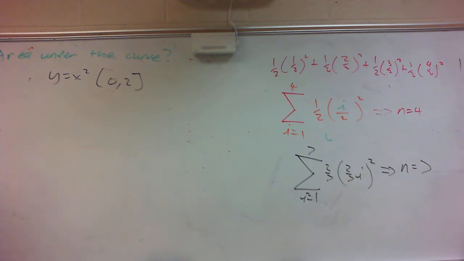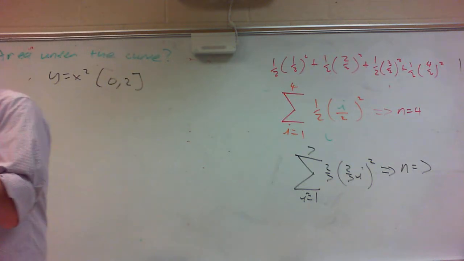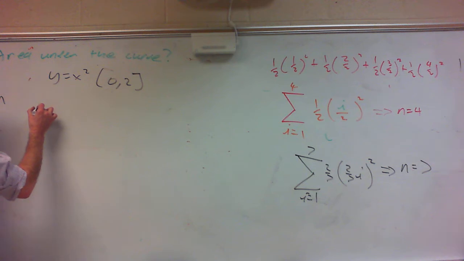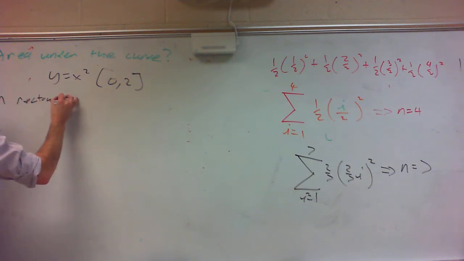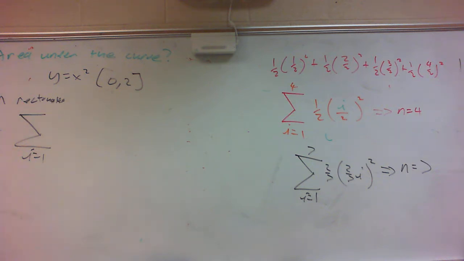What would it look like if I wanted n rectangles? So if I wanted 7 rectangles, I'd put 7 in all those places, right? If I wanted n rectangles, what would it look like? I want n rectangles, count from 1 to what?